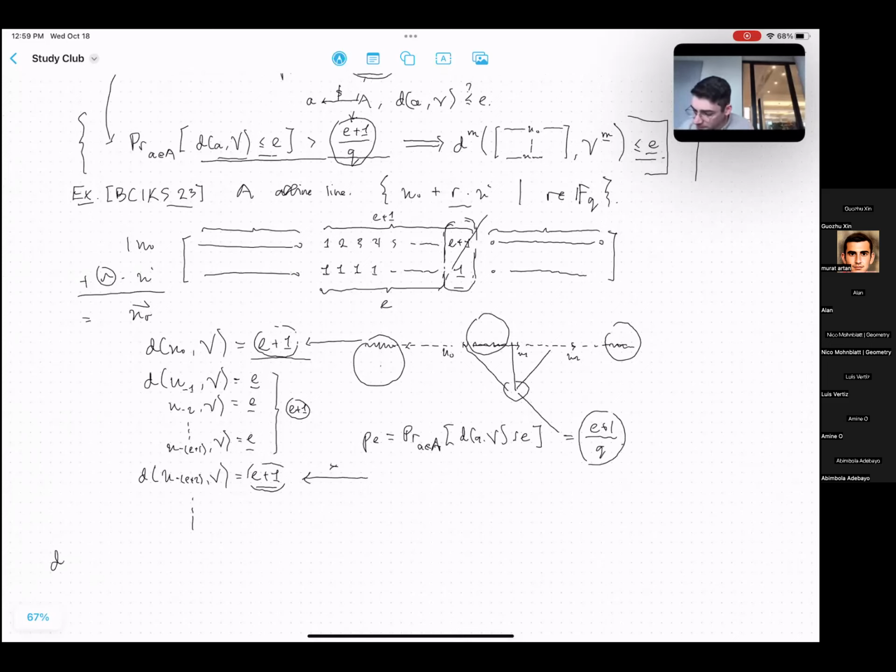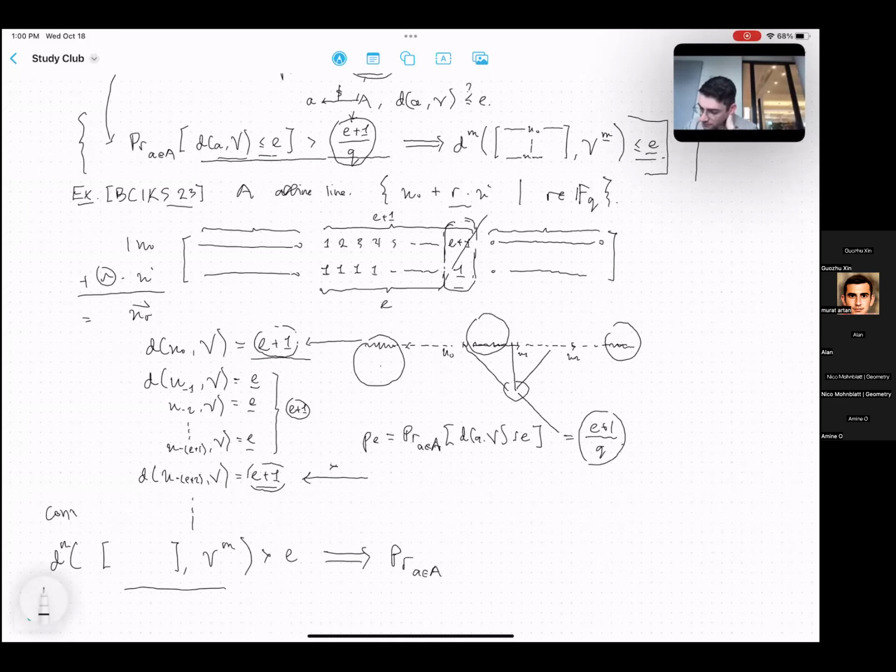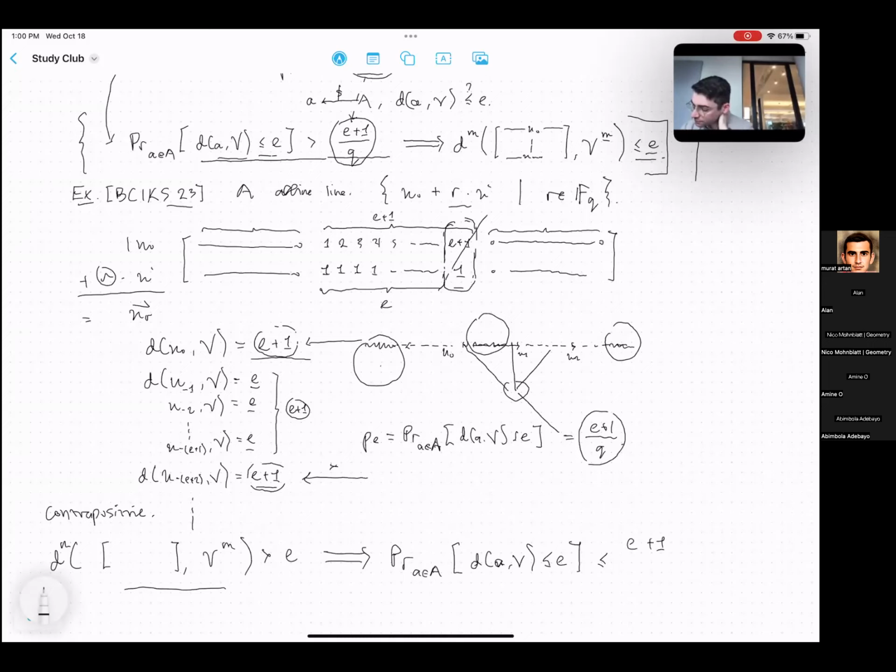So basically it says that if the correlated distance between some matrix and V to the m is greater than E, so assuming the prover is dishonest, then the probability, taken over A, of finding something close is bounded from above by this false witness probability.